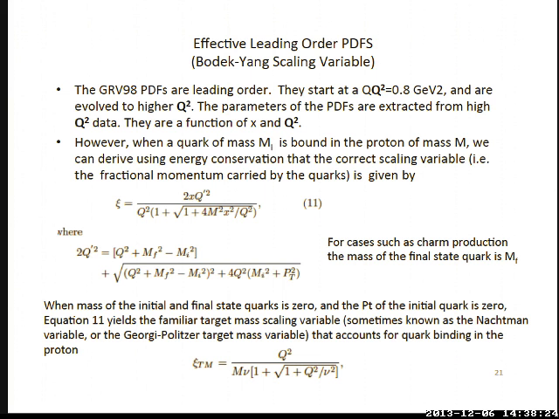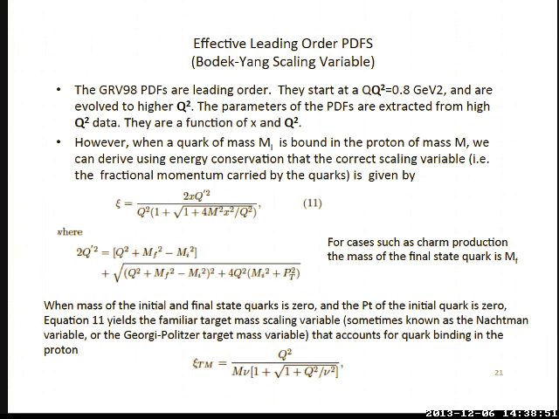You find that the variable xi, a complicated one, has the form 2x' over Q squared plus this, and Q' has a final quark mass, initial quark mass, and quark pT. So this is the true scaling variable for a quark which is bound in the proton.